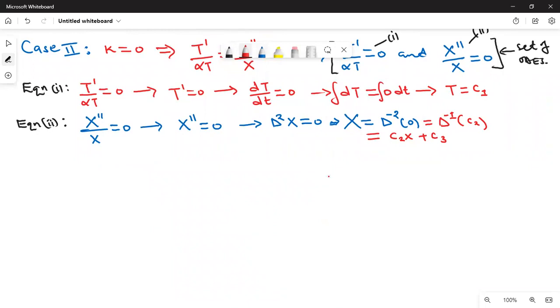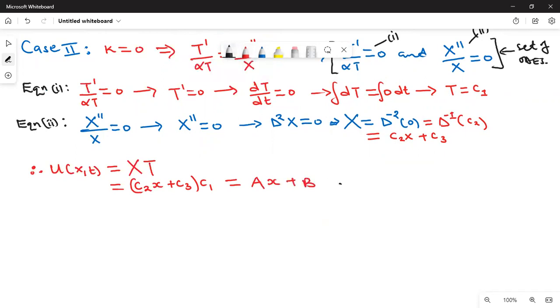And so therefore, our general solution, which is u of x,t, remember it was X times T. And this is equal to C2 X plus C3, times our T, which was C1. And when you open the bracket, you can write this as a times x plus b.